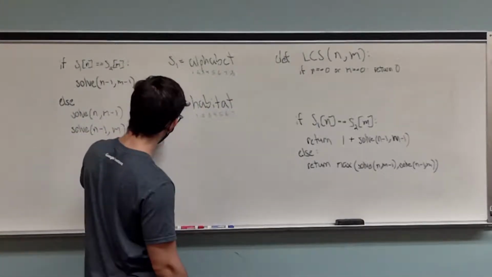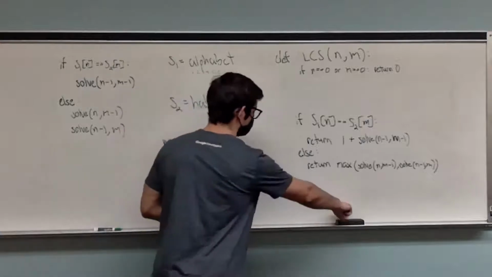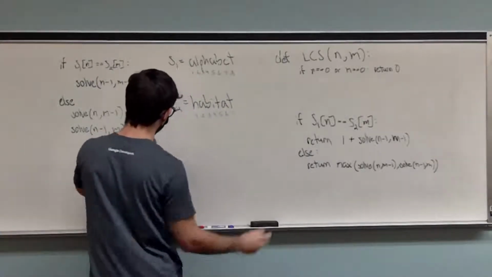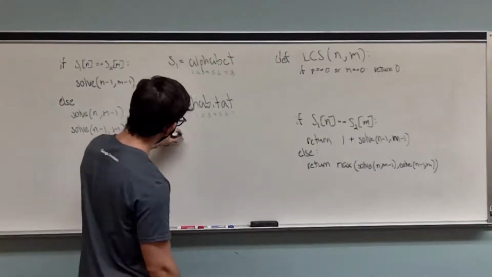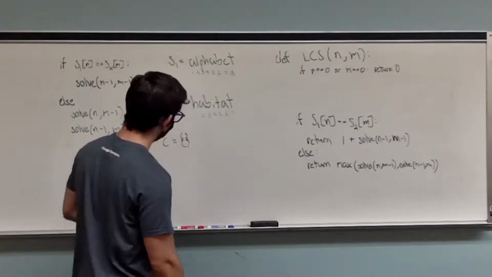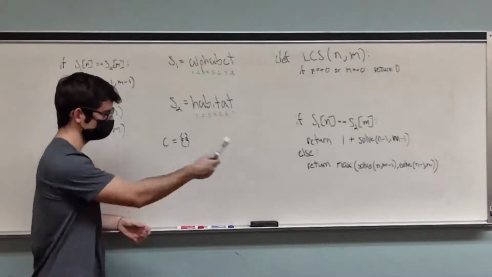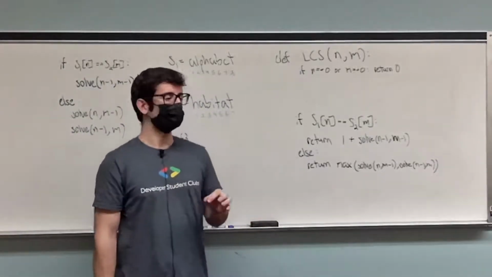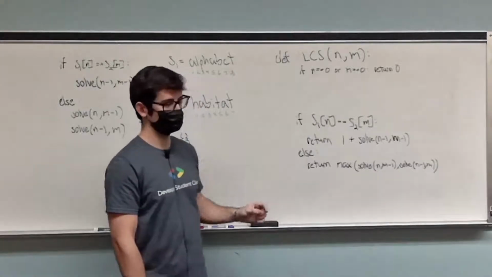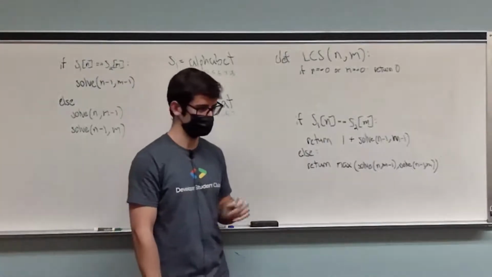Let's call it C. Let's say C is this magical table where we can keep track of solutions that we've done before. How can we implement that table in this recursive function?